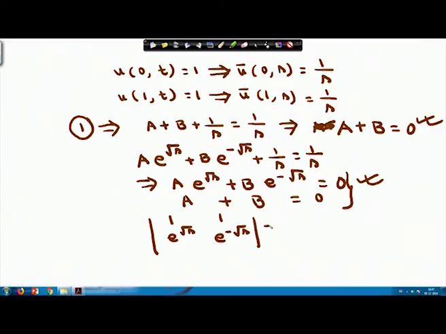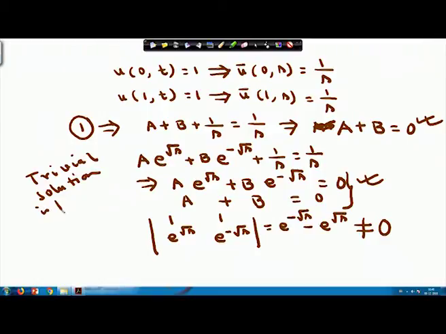And this determinant value is e power minus root s minus e power root s, and this is not equal to 0. So, the determinant does not vanish, which means only the trivial solution is possible.